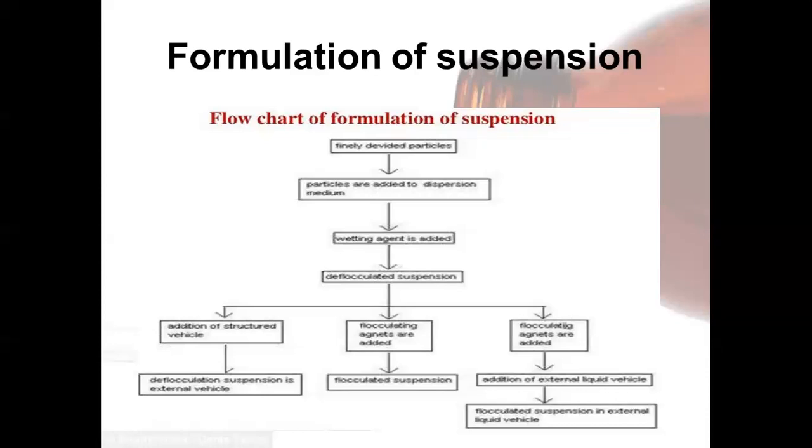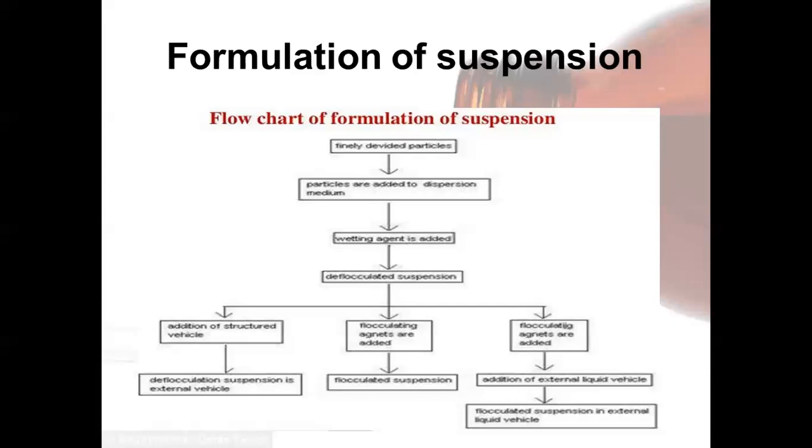Density of the structured vehicles is often increased by including ingredients such as polyvinyl pyrrolidone, sugars, polyethylene glycols or PEGs, glycerin, etc. Combination of these attributes yields improved suspension.